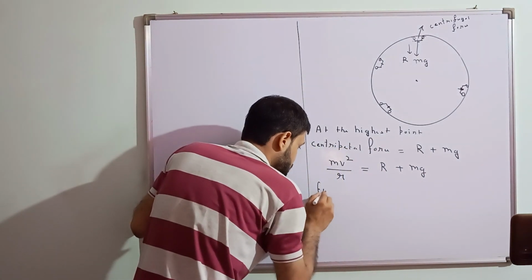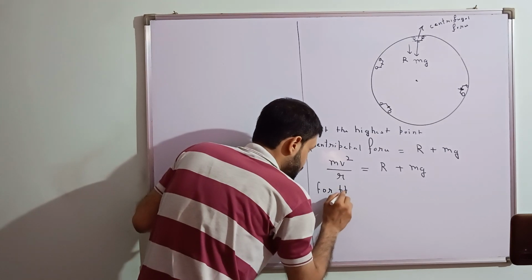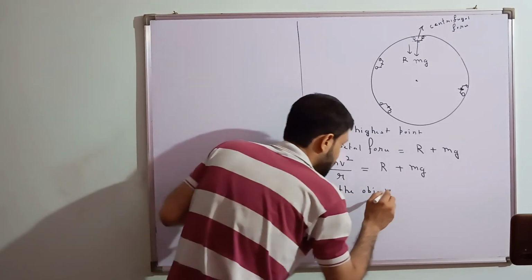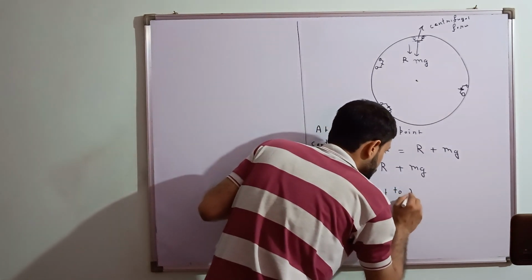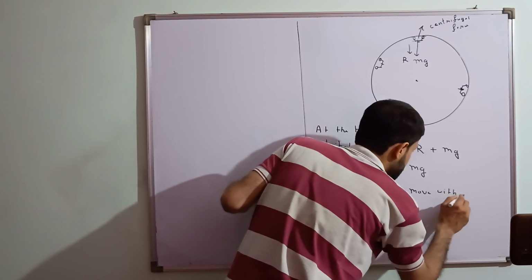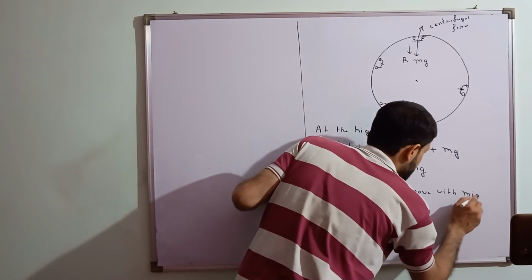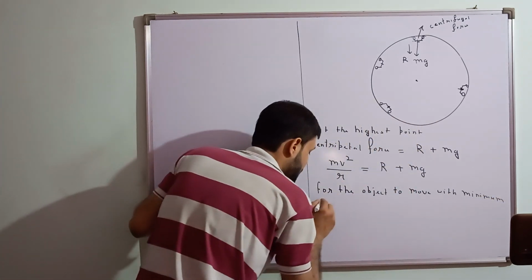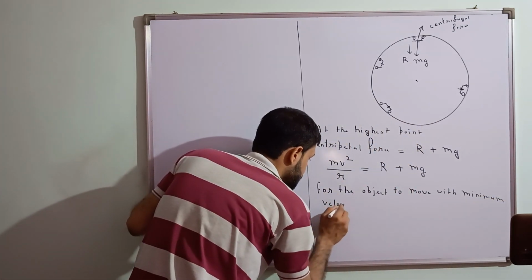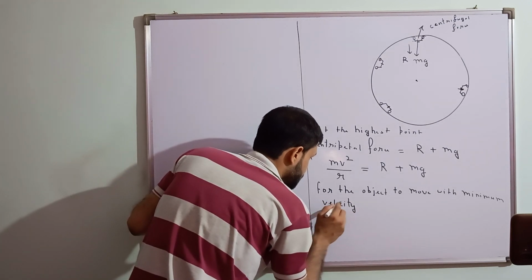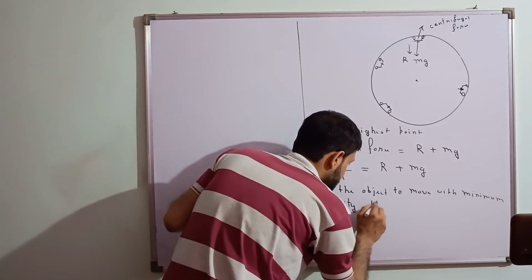For the object to move with minimum velocity, the normal reaction R should be equal to 0.